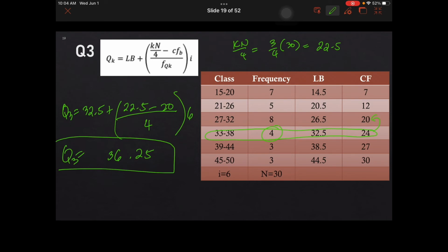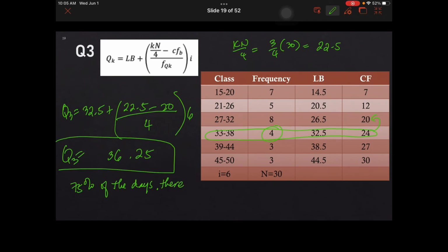Now, when we are doing our interpretation, since we are talking about people, kailangan po tayong mag-round down. Okay? So, that means 75% of the days or of the month, kasi 1 month yan, pwede natin. Okay?